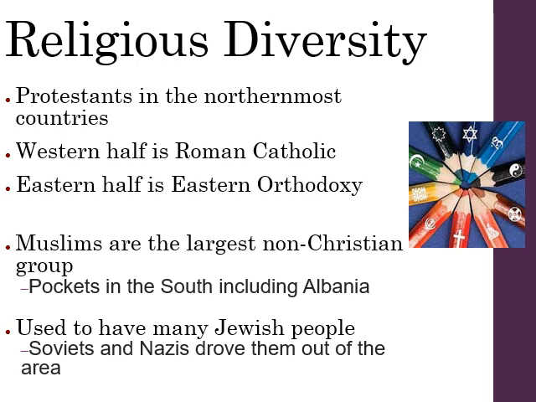The largest non-Christian group in the area are Muslims, and there are many pockets in the south, including Albania, Kosovo, Bosnia, and the Crimean Peninsula of Ukraine, that have a large population of Muslim people. Eastern Europe used to have the most Jewish people of anywhere in the world, the highest concentration. However, the Soviets and the Nazis stopped that, because the Soviets discouraged religion.